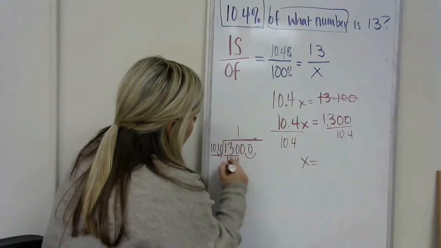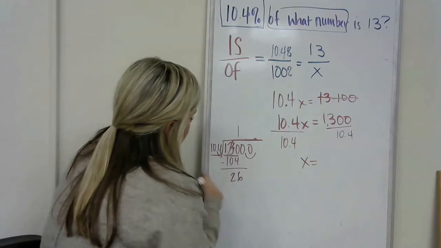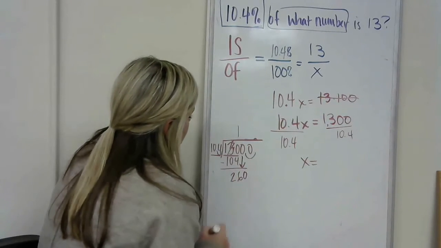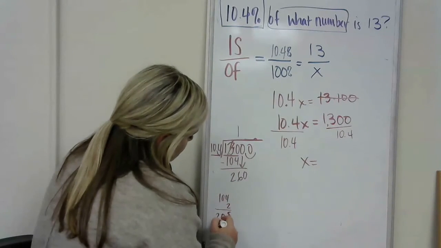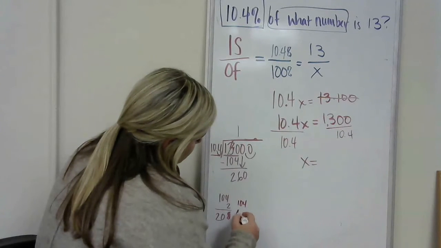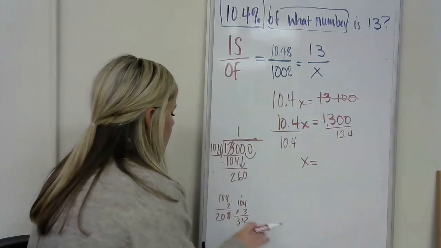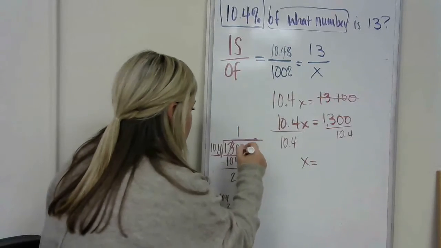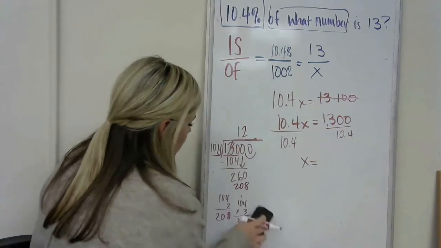So that's 104. Then I've got 260. 104 times 2 is 208.